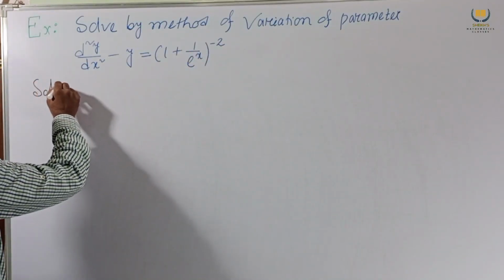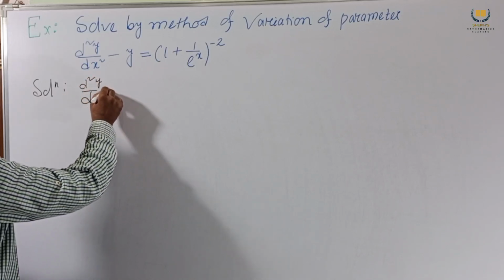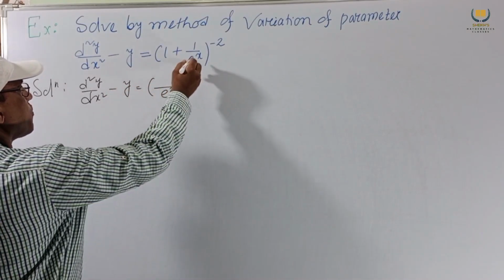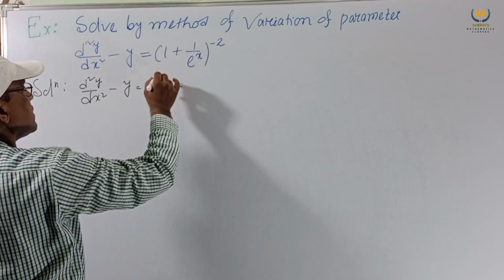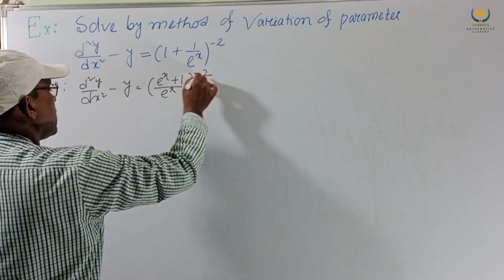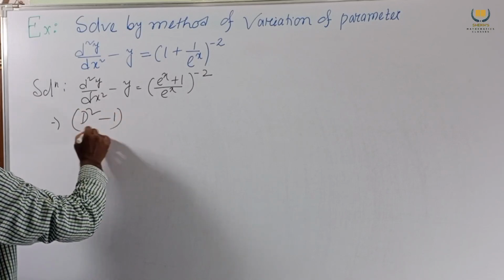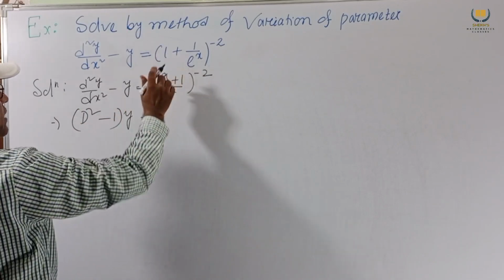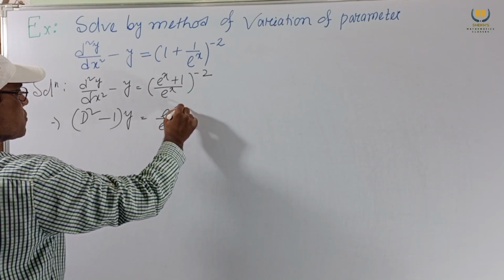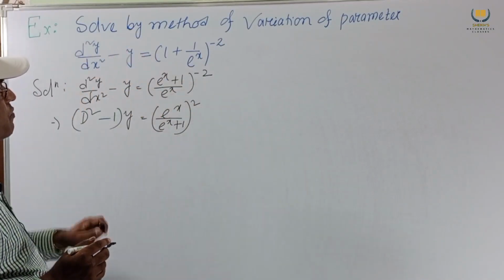Rewriting this line: d square y by dx square minus y, if we take LCM, e to the power x plus 1 whole to the power minus 2, and this implies D square minus 1 into y. If we take the reciprocal, then this is e to the power x plus 1 whole square. This minus will be plus if we take the reciprocal.